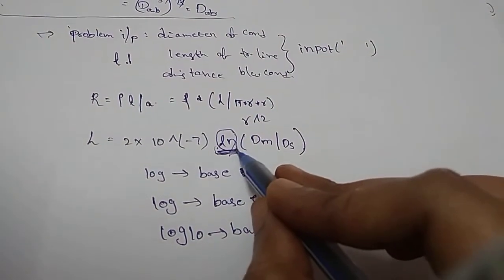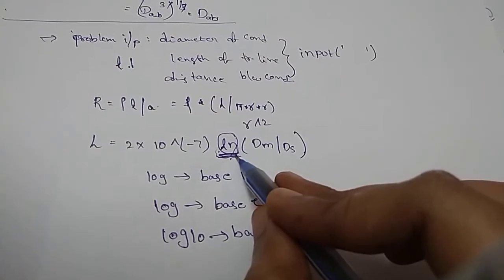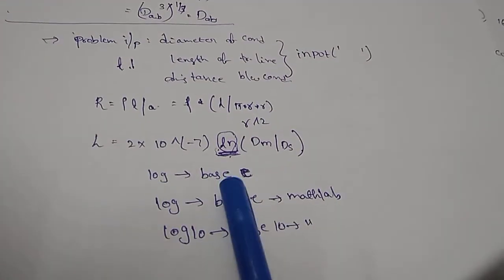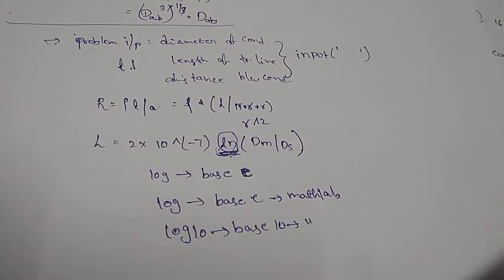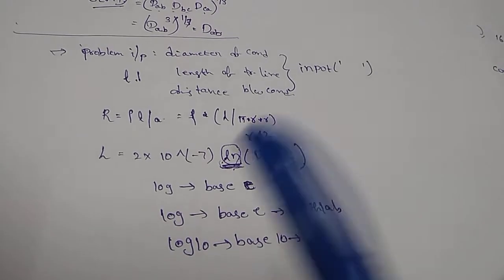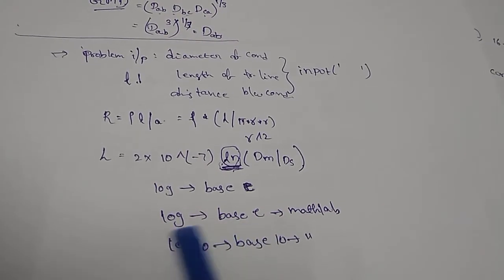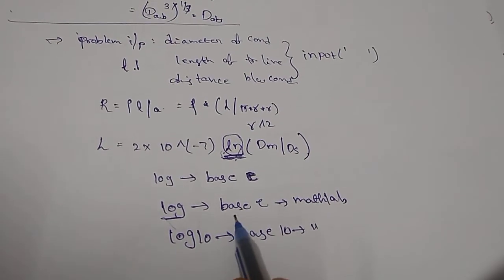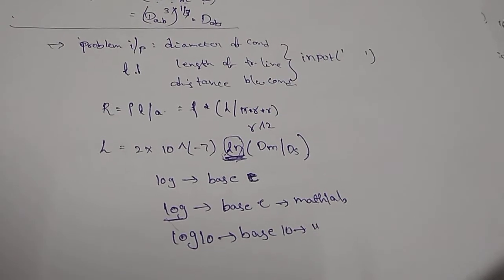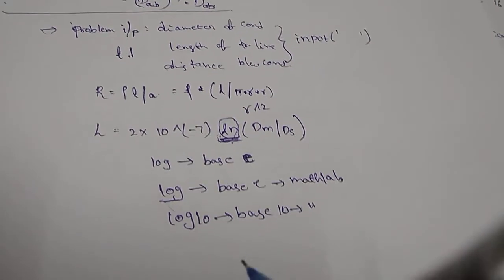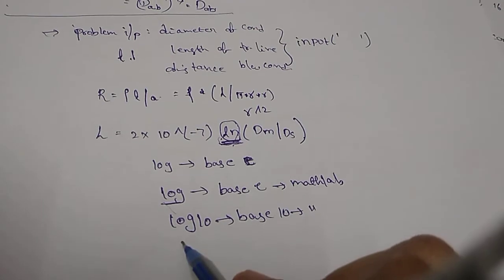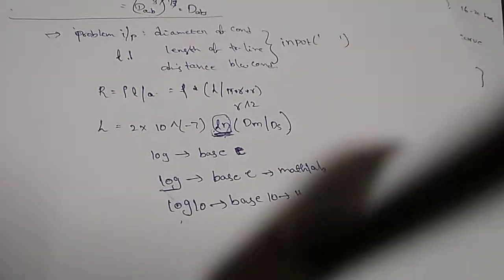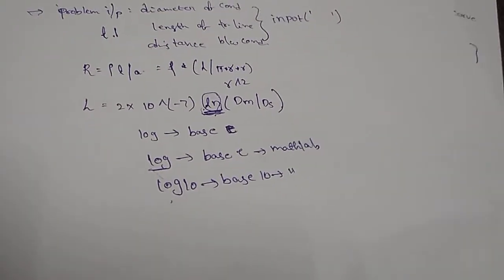Naturally we call it natural logarithm, ln. It is nothing but logarithm in base e in our regular mathematics. But whereas coming for MATLAB, log is the one, base e. If you want to represent base 10, you go with log10 in MATLAB.